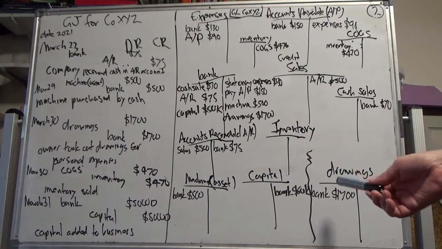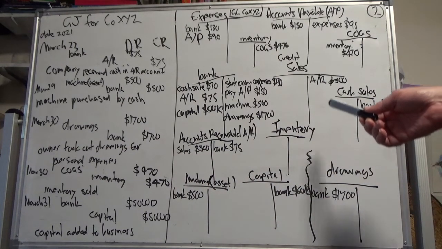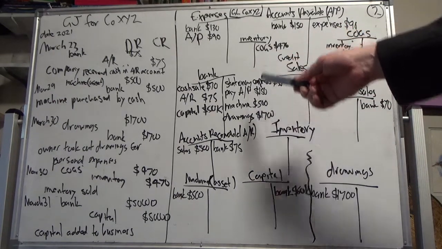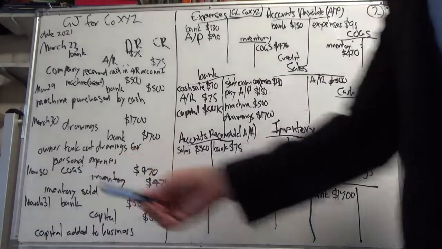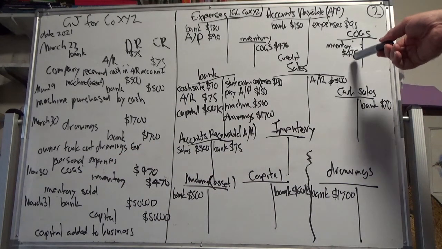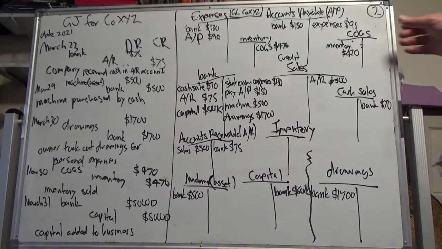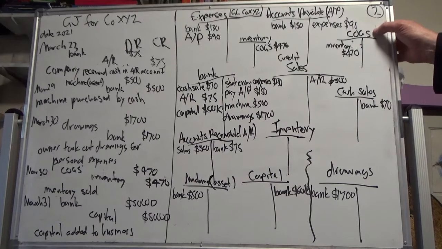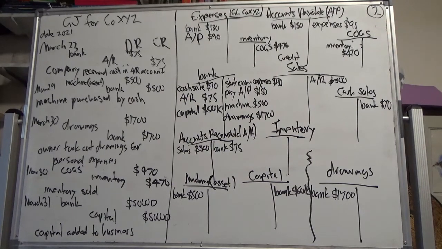So let's look for inventory, credit, on the credit side. Inventory, label it COGS 470, and with COGS on the debit side, inventory 470. Remember, COGS on the debit side, COGS is usually a debit item.